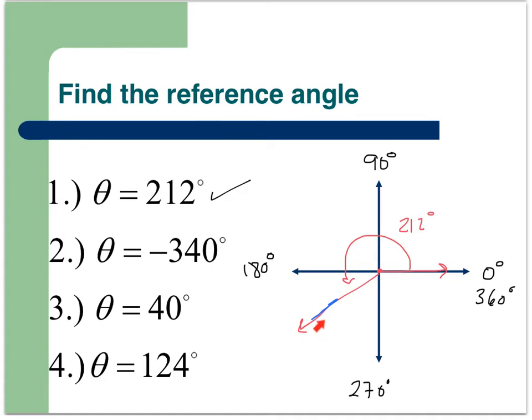So this guy right here is our terminal ray, and we are going to rotate to the nearest x-axis. So the closest x-axis is going to be this guy right here. So this right here is my reference angle.